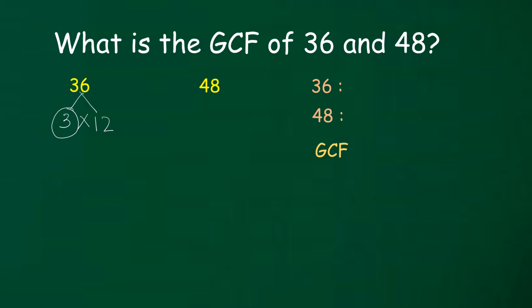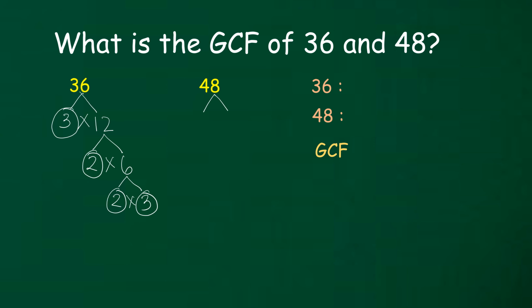So 3 is prime, so we can factor 12. 12 is 2 times 6. So this one, 2 is prime. 6 is not prime, so we factor 6 to 2 times 3. Now 2 and 3 are prime.